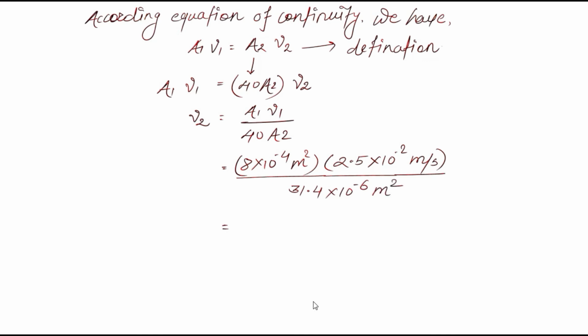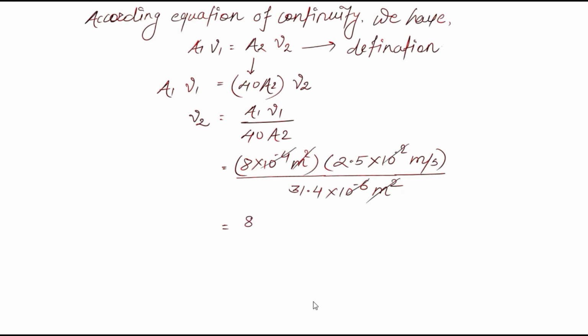By substituting all these, things get cancelled: 10 raised to minus 4 and 10 raised to minus 2 make 10 raised to minus 6, and here also 10 raised to minus 6, so we cancel this.